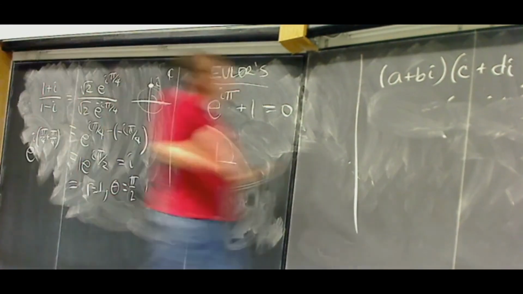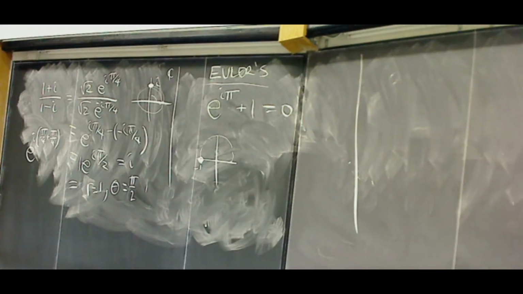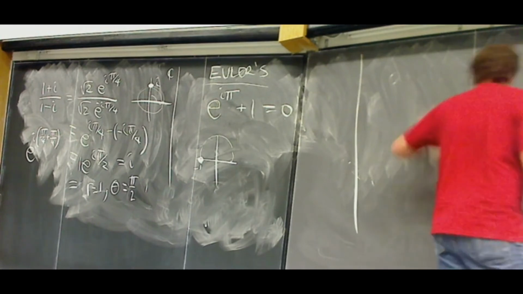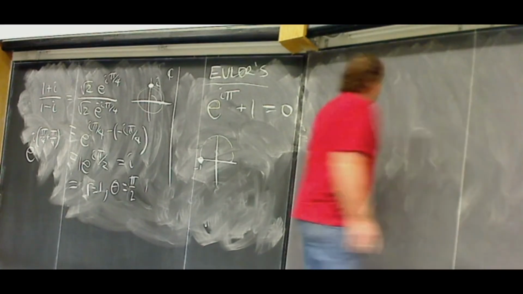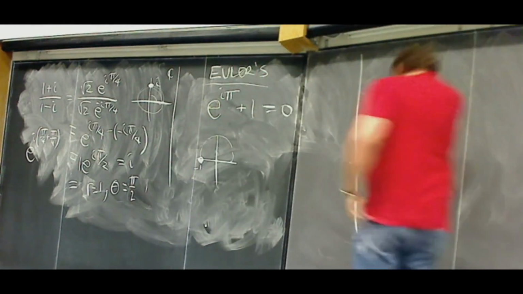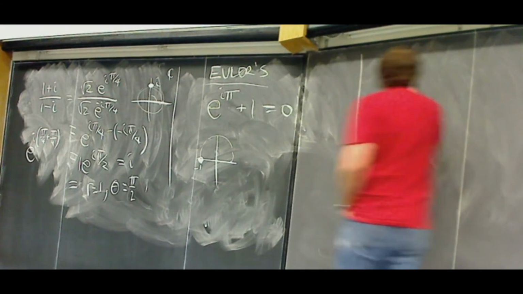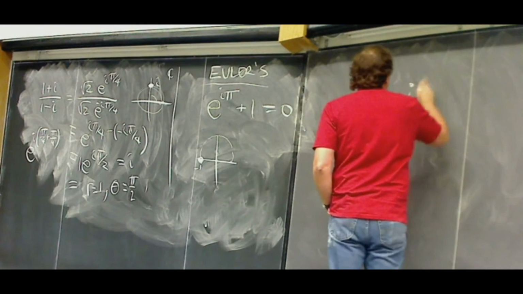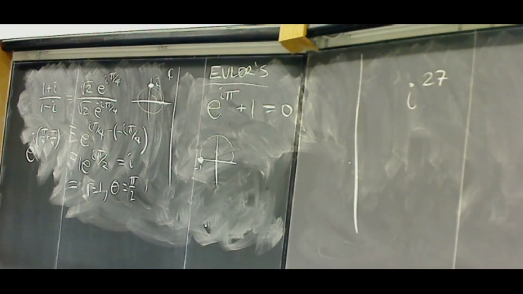But we can also do something using this same idea. How much time do I have here? Not a lot. Maybe before I do that, suppose I wanted to do something like, I can also easily figure out what I to the 27th power would be without multiplying, which you can do.